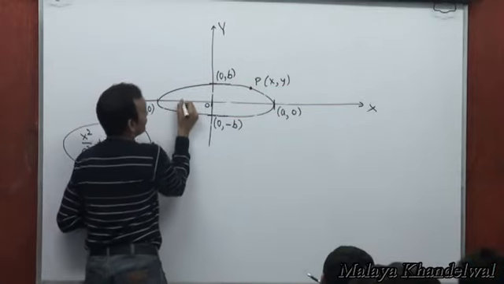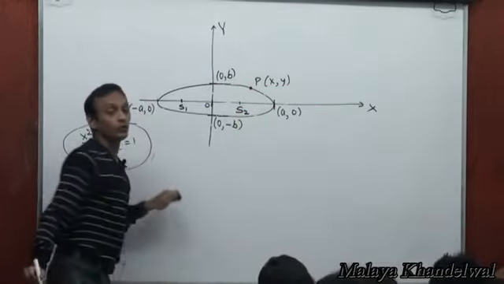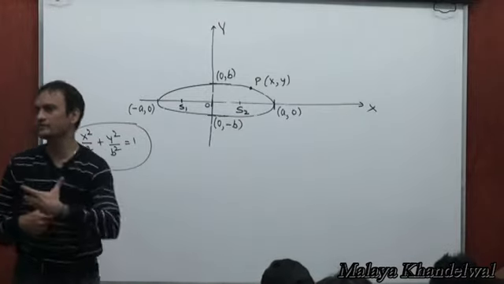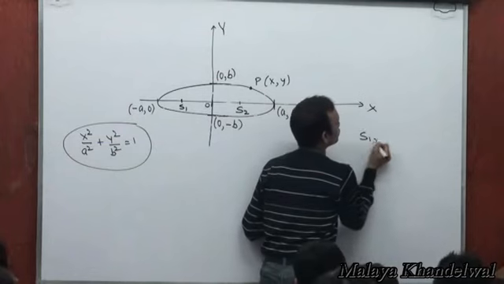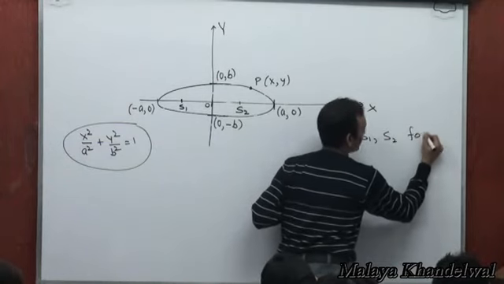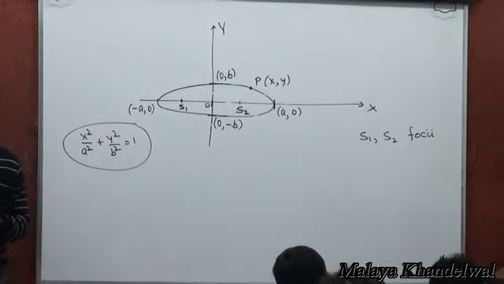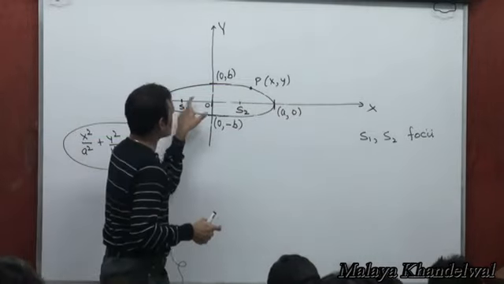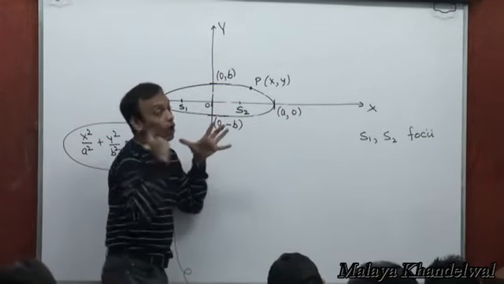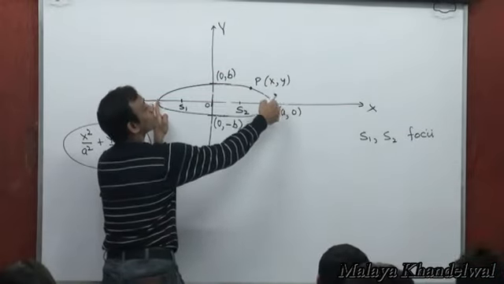The two fixed points S1 and S2, which are fundamental traits of this entity, are called the foci of the ellipse. S1 and S2 are the two foci of the ellipse. And the sum of the distances of P from S1 and S2 will always be a constant, equal to this length, which is 2a.